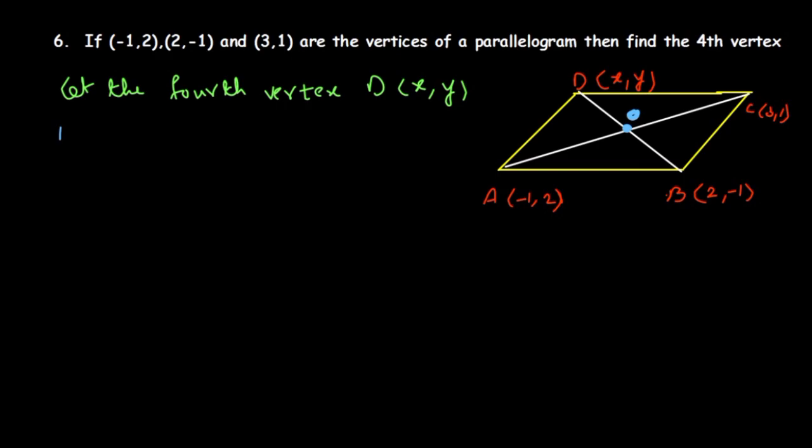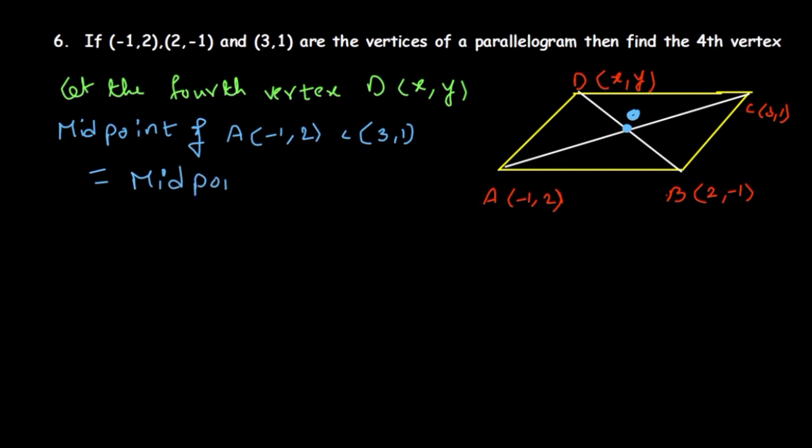That means midpoint of AC, A (-1, 2) and C (3, 1), equal to midpoint of B (2, -1) and D (x, y).